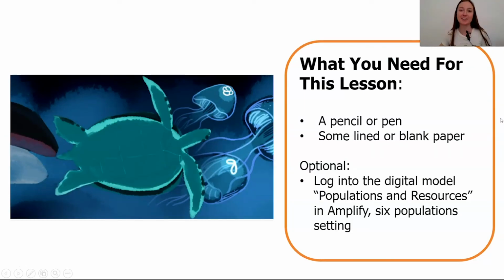What you're going to need for the lesson today is a pencil or pen, some blank or lined paper to take notes, or if you have the packet pages available, now would be a great time to get those out. Optional, but if you have access, open up Amplify and the Populations and Resources digital model.